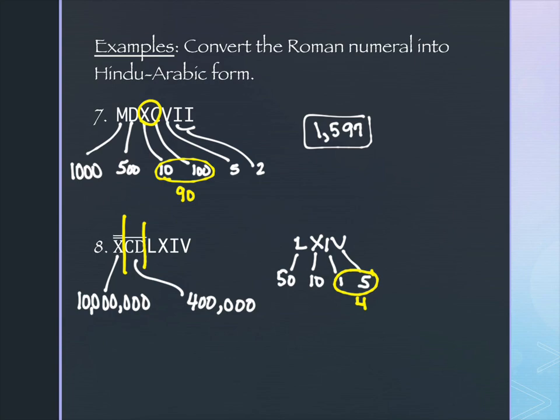You probably even saw it before I wrote down the 1 and the 5, and if so, that's great. But I don't write down 50 and 10 when I've put them all together, right? The 50 and the 10 get added together. So I have 10,400,000, what? 64. So it's a 0, 6, and then 4.